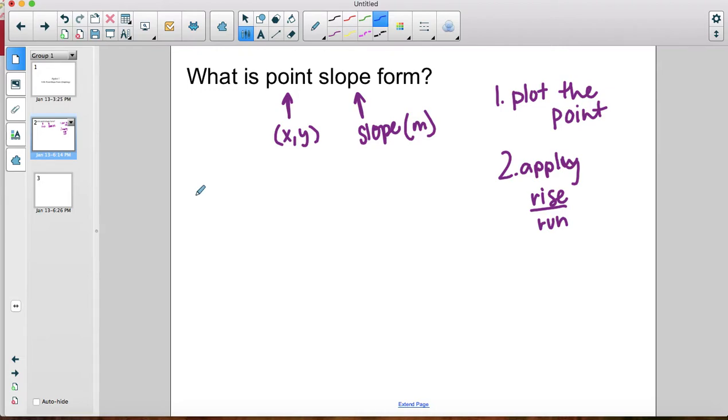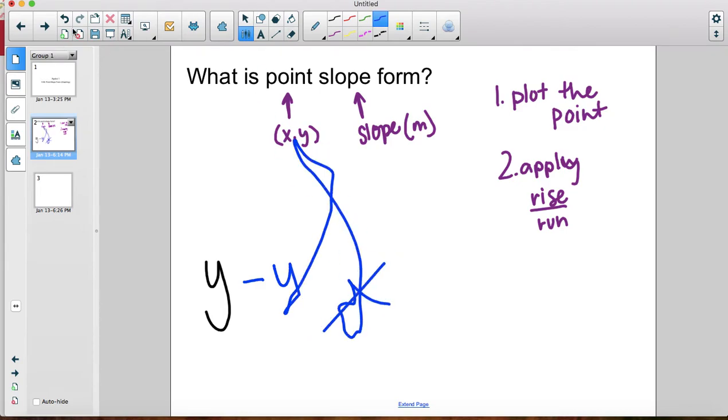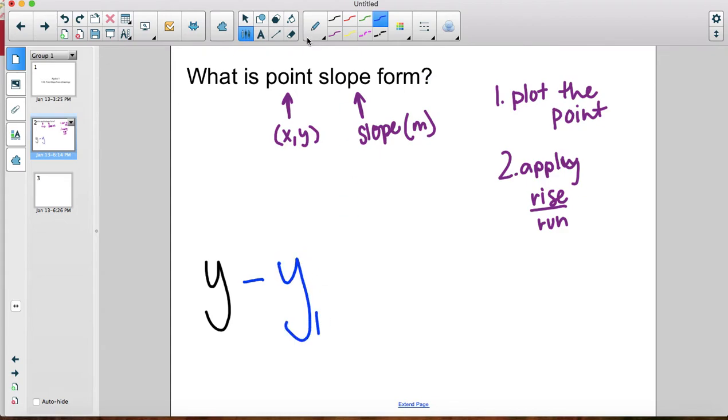So point-slope form looks kind of scary and crazy, but do not be afraid. What it is, it's y minus y1 equals m times x minus x1.